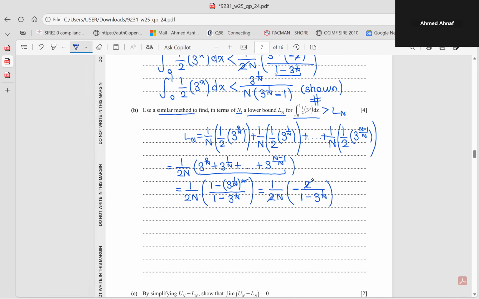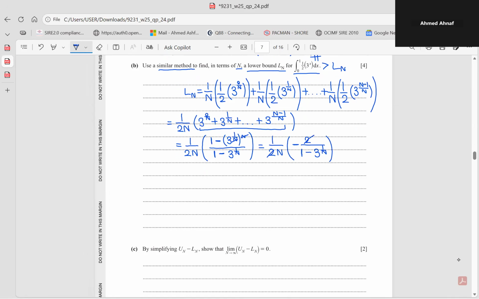So the 2's cancel each other, and therefore you get 1 over n times 1 minus 3 to the power of 1 over n. So I guess we can stop here.